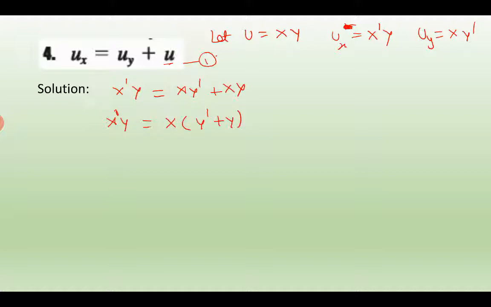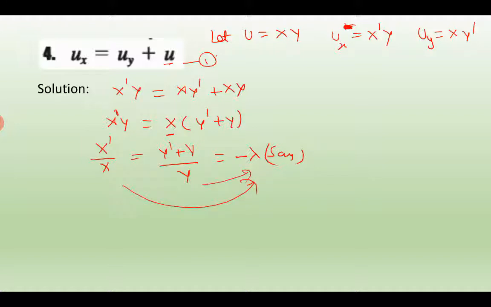Now x is on the left side, so x prime over x, and this y is divided on the right side, giving y prime plus y over y. When these two are equal, we make it equal to another constant lambda. Now compare these two, and again these two, and find two solutions using this equation. That will be your answer.